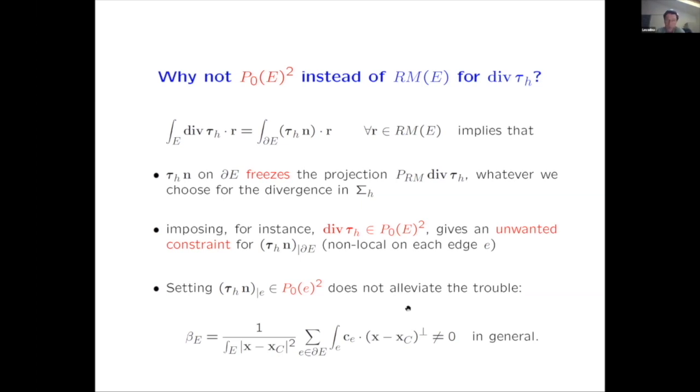In particular, you are risking the coercivity on the kernel condition at the discrete level. So this justifies the fact that the displacements are in Rm, and the stress space is given by the sigma h I've just described.